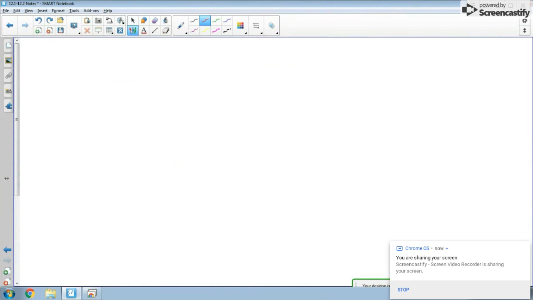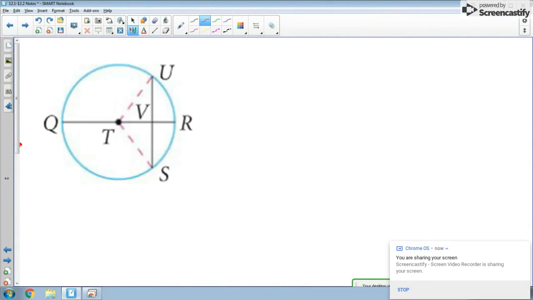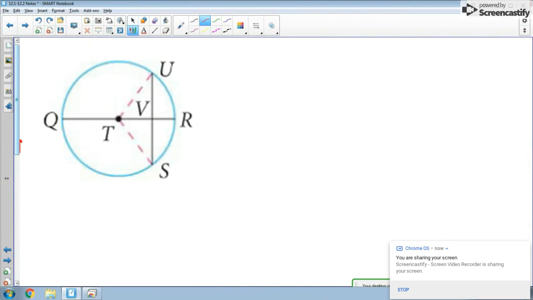So we're getting close to the end. I think this is the last one we want to have here. So let's just look at this diagram and pick it apart a little bit. So they gave us a diameter of QR. It's cutting SU rather. And what's going on here?